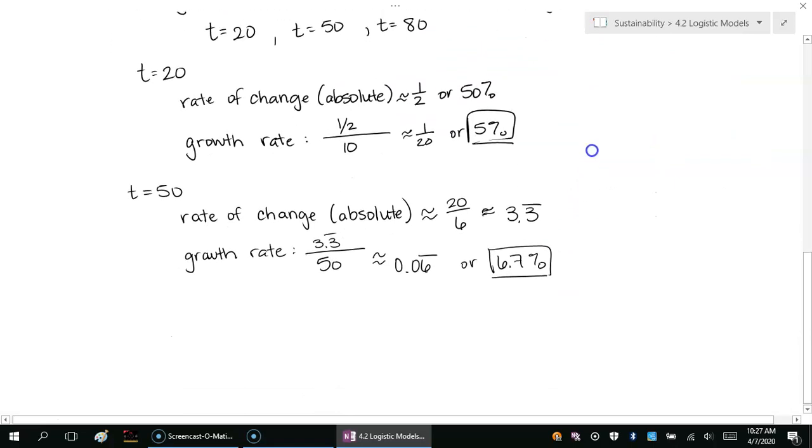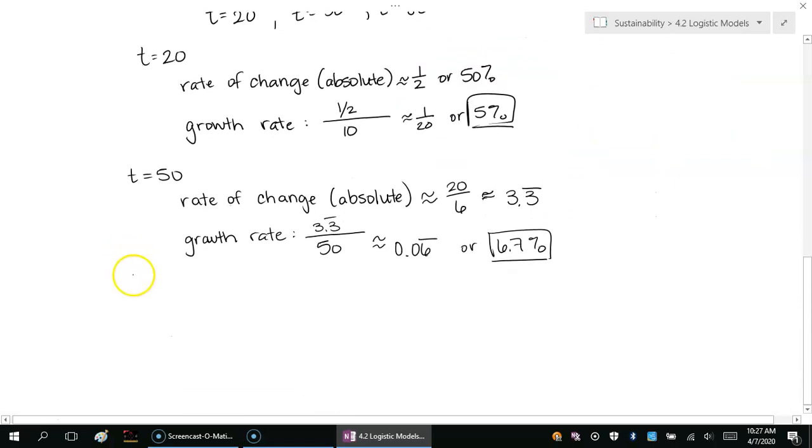Okay, and what I'll have you do then to check that it's decreasing is repeat this for t equal to 80. In your notes for this section, I want you to find the rate of change using the derivative, so approximating the derivative using the graph, and use that to calculate the growth rate as well.